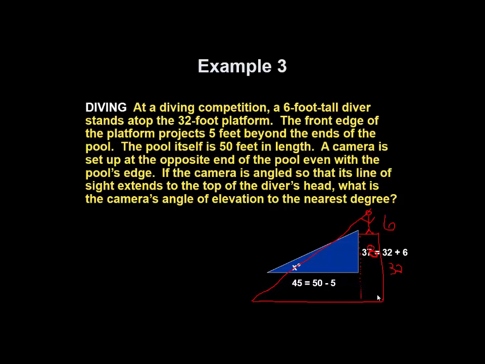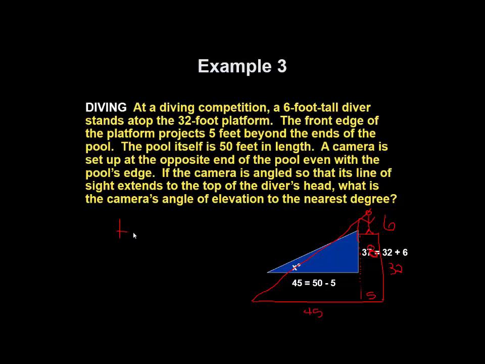If the pool is 50 feet, I need to take 50 minus 5 to figure out that this actual distance here is 45. So I have 45 on the bottom or the base, and I have a height of 38.